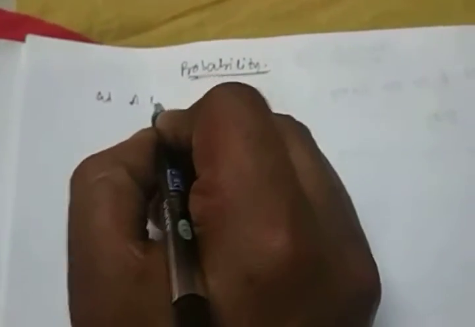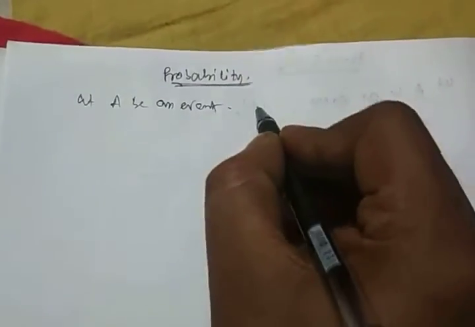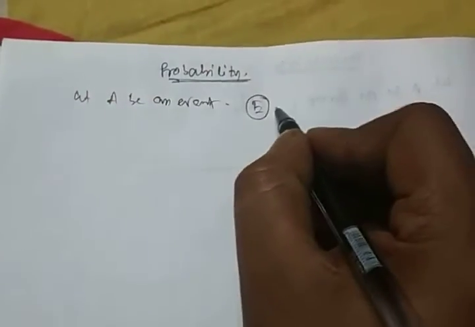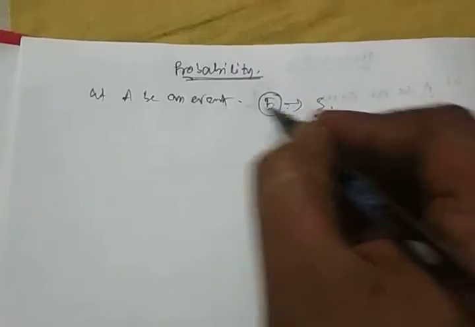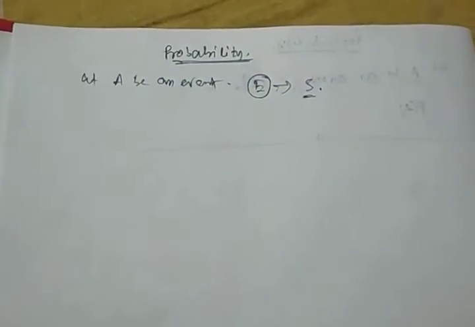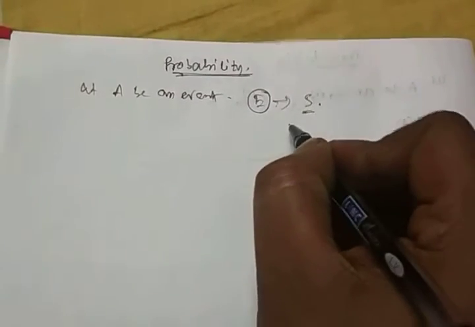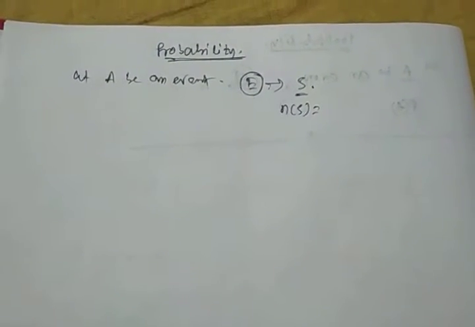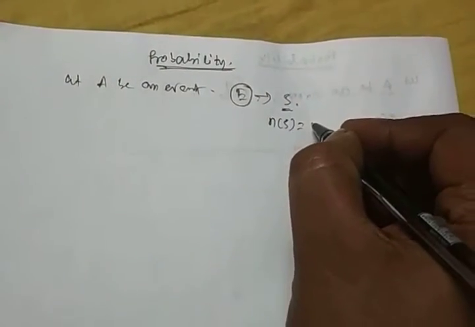Let A be an event corresponding to a random experiment E whose sample space is S. Whenever we find an experiment, the sample space S contains all the possible outcomes of that experiment. Let the number of elements in S, that is the number of outcomes in this set, be n.